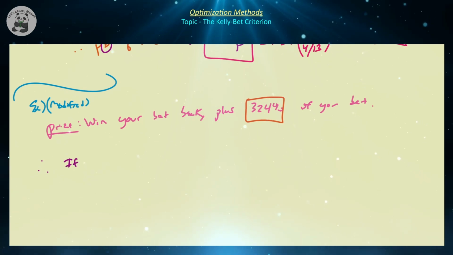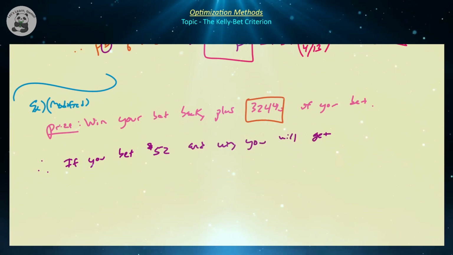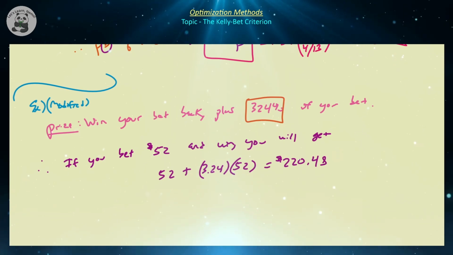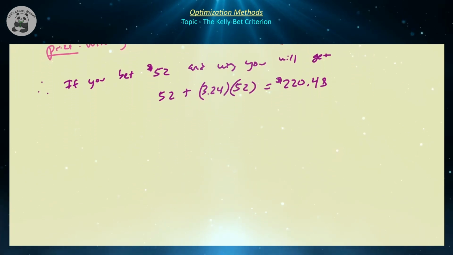If you end up betting 52, so let's assume this $52 is your Kelly Bet value, and let's assume also that we win, you will get $52 plus 3.24 of that 52, which means you're going to get approximately $170 on top of the 52 that you already had, right? So that's actually a lot of money, right? So is this a game that is worth playing? So let's actually work out the math.